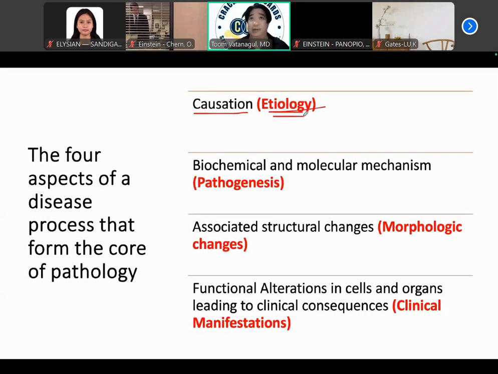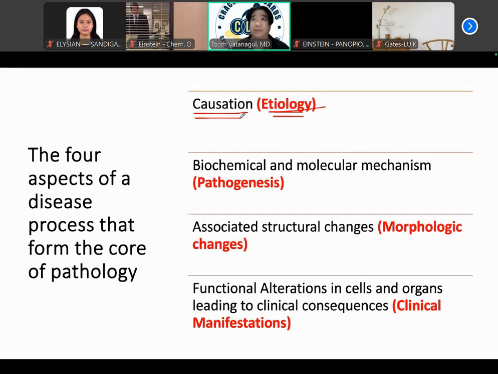You will realize later in upcoming post-test practice exams and mock boards that the etiology is almost always included in the multiple choice options. So the first aspect that forms the core of pathology is causation. What is the etiology? What causes a certain disease or disease entity?